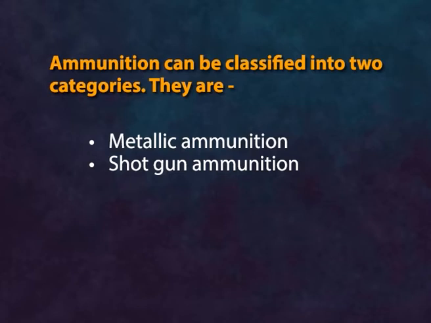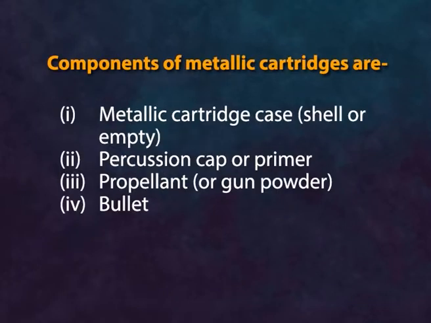Ammunition can be classified into two categories: metallic ammunition and shotgun ammunition. Components of metallic cartridges are the metallic cartridge case, which can be shell or empty, percussion cap or primer, propellant or gunpowder, and the bullet.